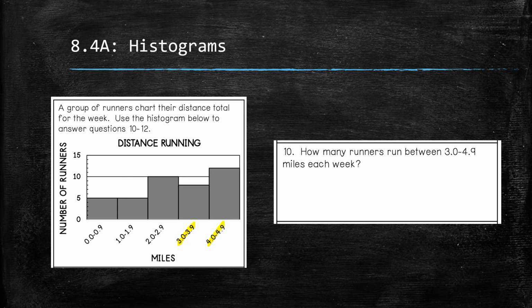First I'm going to look at my little marks on the side and calculate how much each bar represents in my histogram. Now that I have that, I can say 8 plus 12, which is 20, so 20 runners.